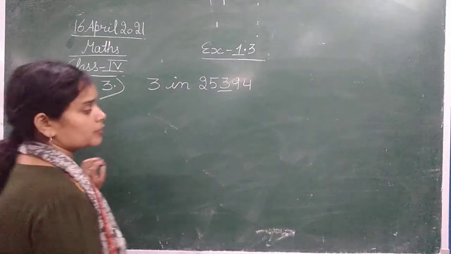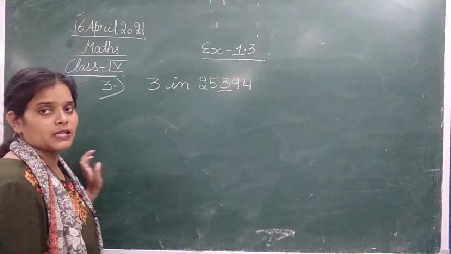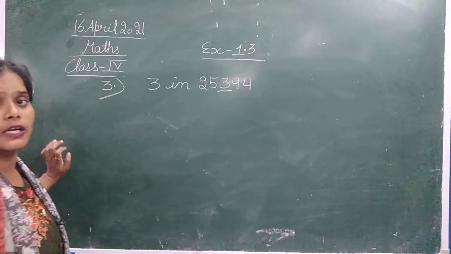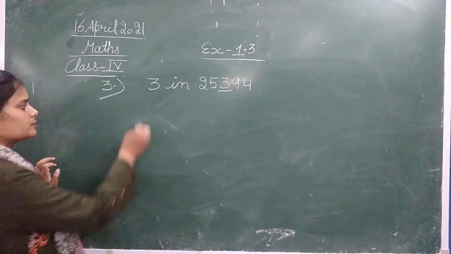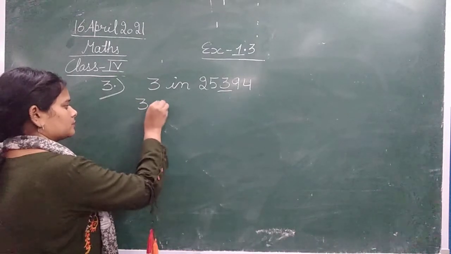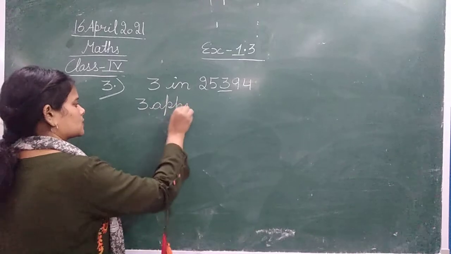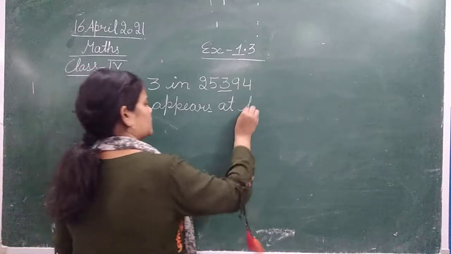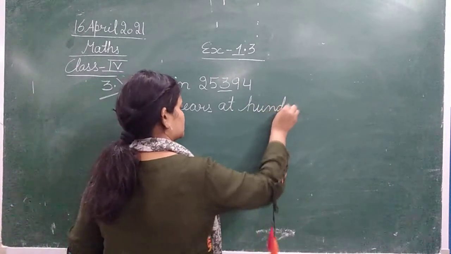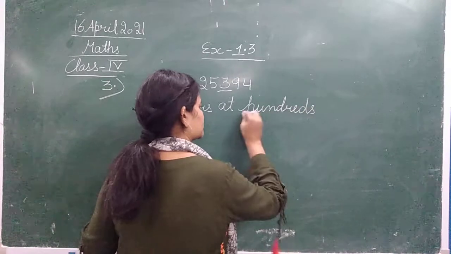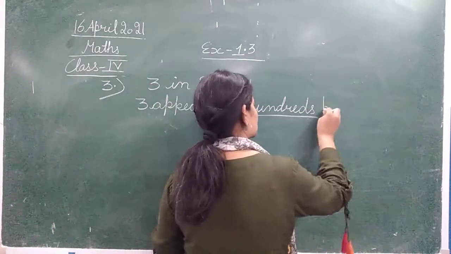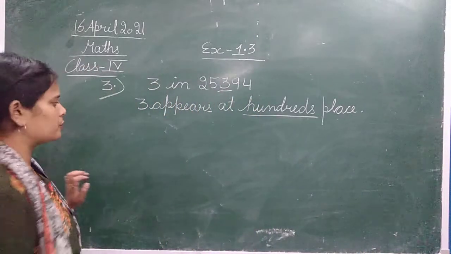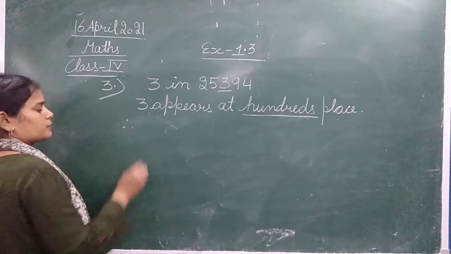First of all, let's see at which place this 3 appears: ones, tens, hundreds. So 3 is appearing at the hundreds place. Which place? The hundreds place.